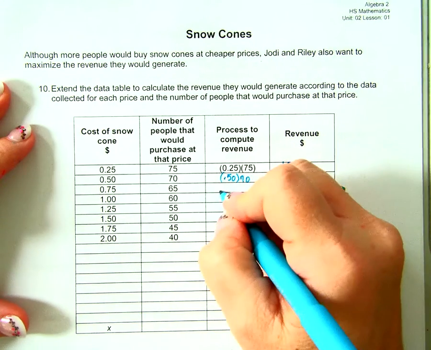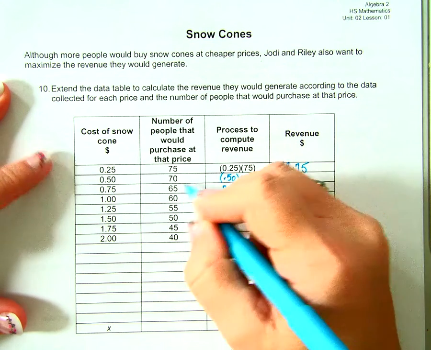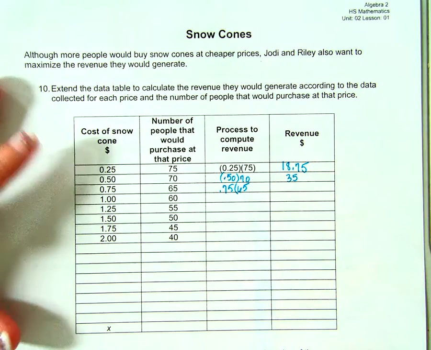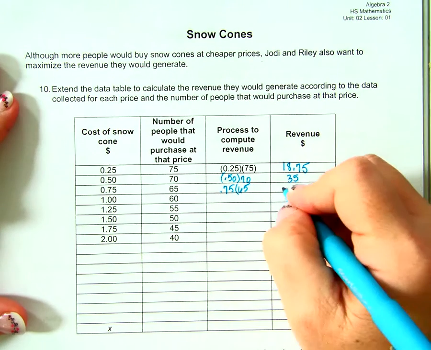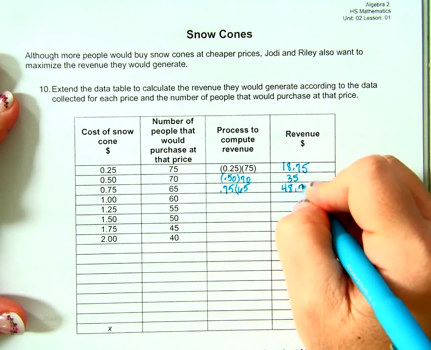So then I have 0.75 times 65. Anybody got that in their head? I don't, for the record. 48.75.